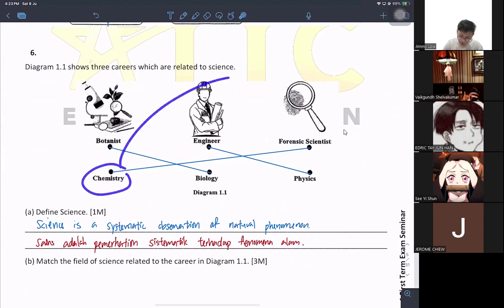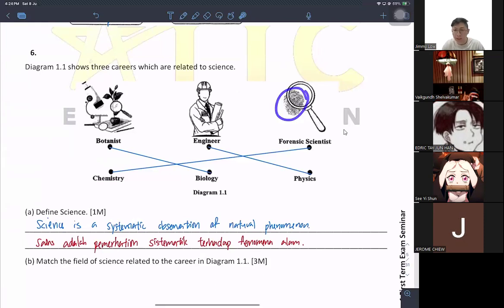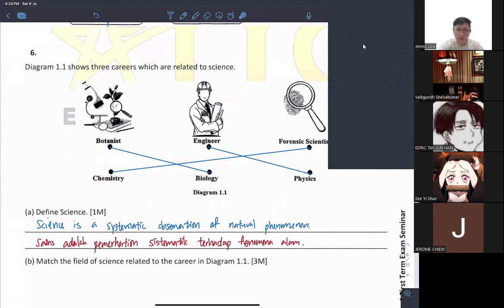Chemistry relates to forensic scientists, who find out who committed a crime in a particular place by using fingerprints. Biologists learn about flowers and animals. Engineers have to calculate a lot of things based on physics. You have to include the temperature factor, the momentum factor, the size factor, the matter, the density. This is what is called physics.